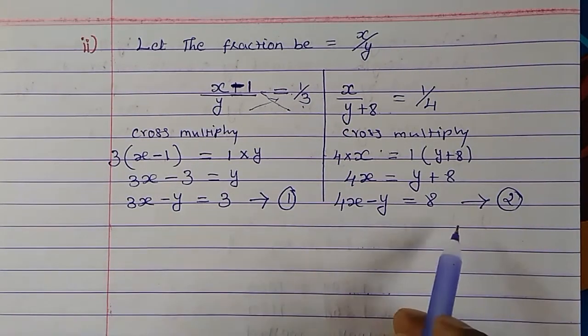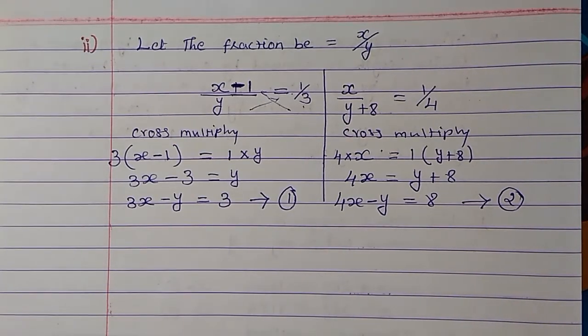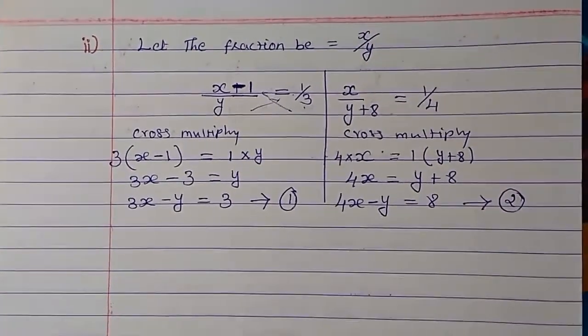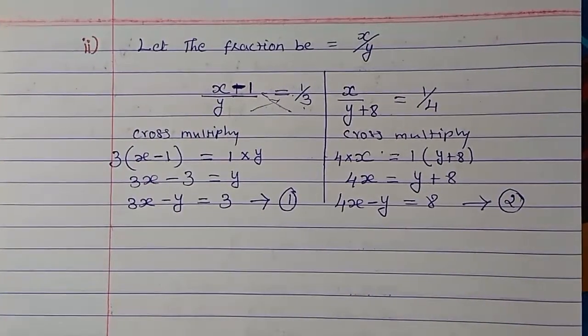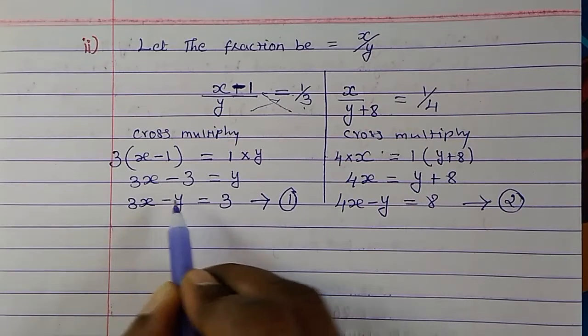Now look at these equations. We'll see which method to use to find the solution. There are 3 methods: substitution method, elimination method, and cross multiplication method. But here I am going to use the elimination method, because you see the coefficient of y here and here is the same.